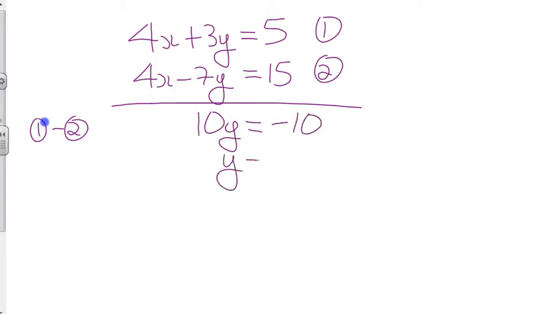Negative 10, y is equal to negative 1. Substitute negative 1 for y in, why not 2? It'll make it positive.